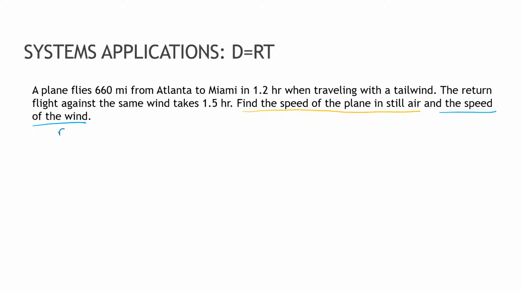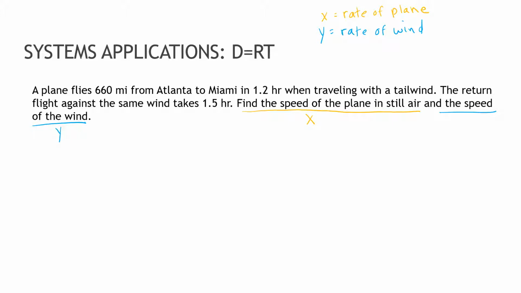So instead of r, I'm going to say x is going to be the rate of the plane. And instead of r, I'm going to say y is the rate of the wind.